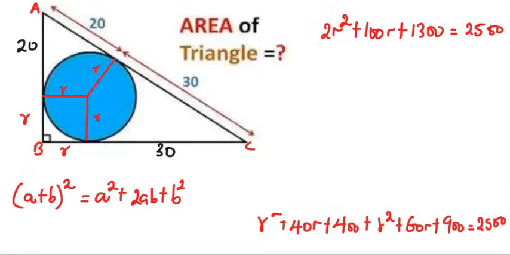Okay, so from here we're going to have 2R squared plus 100R, then 1300 minus 2500 is giving us negative 1200. So this is equal to 0.